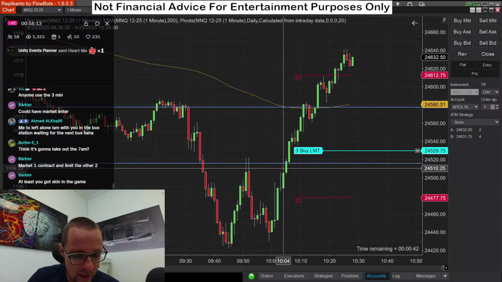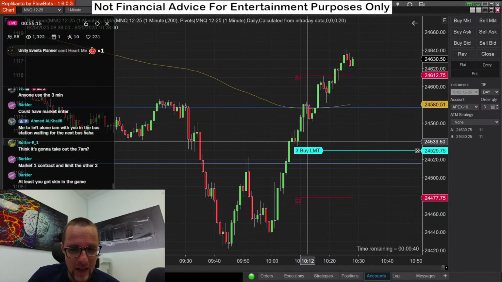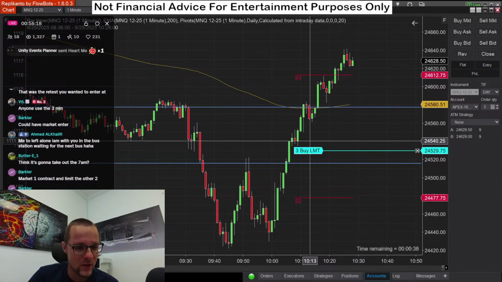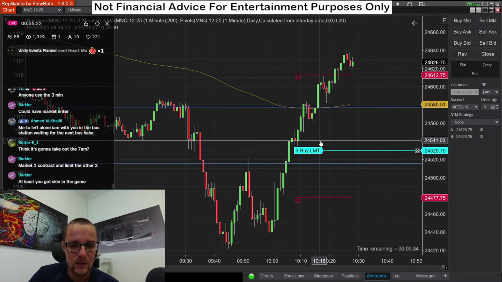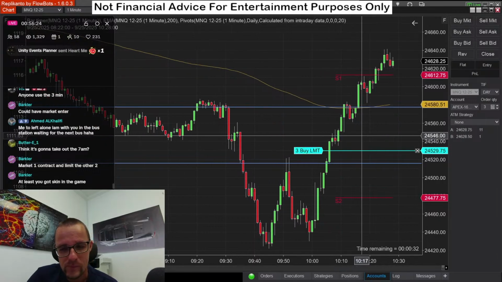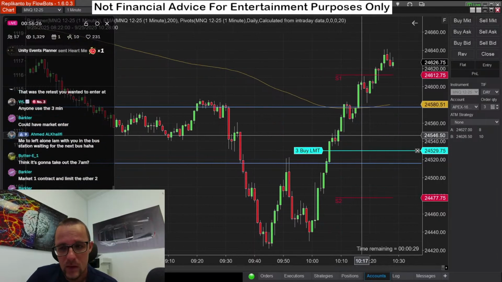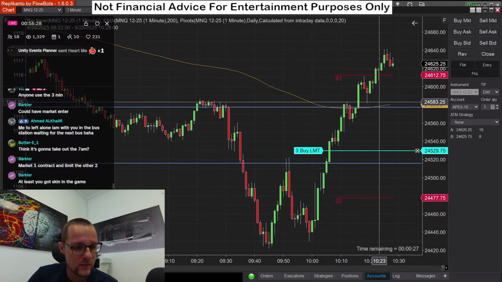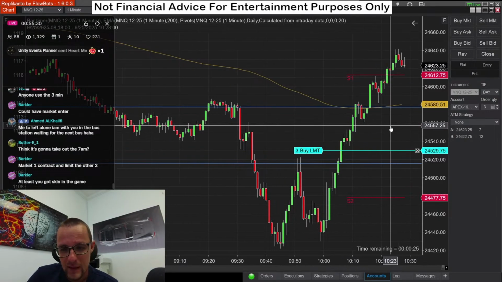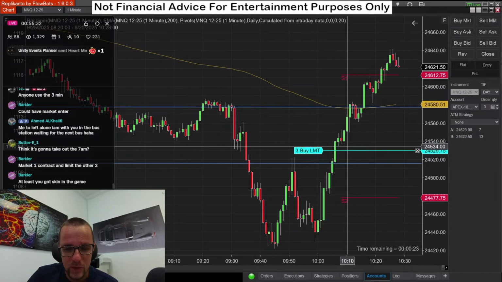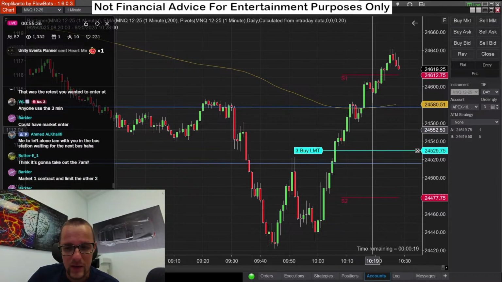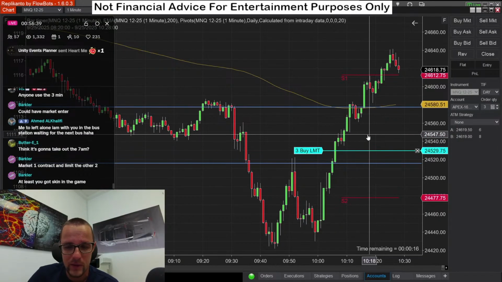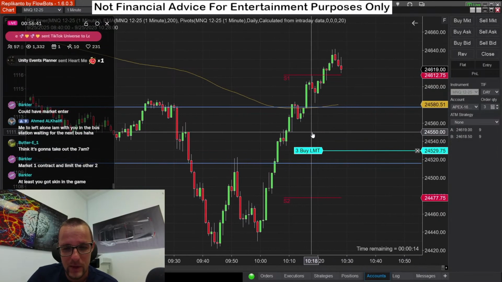But if the imbalance is this tiny and you're maybe giving up 10 points to risk not getting left behind, maybe it's worth it, I guess. Yeah. But I literally thought it was going to get me into this trade. So freaking close, but yeah, maybe I'll think about that.